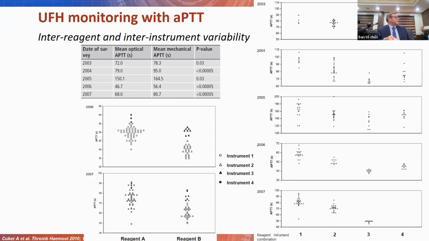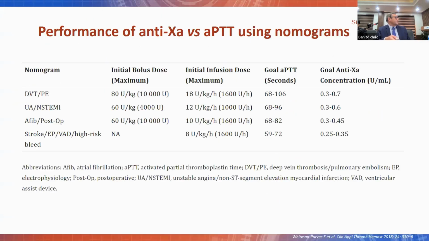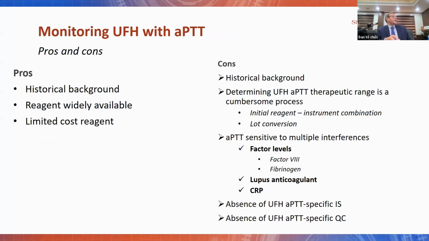I'm sorry, I don't have the same slide here. Okay. One other thing is that the APTT is subject to multiple interferences. On one hand, the APTT is sensitive to high levels of CRP that you may have in patients with inflammation, for example, and this will prolong the APTT.